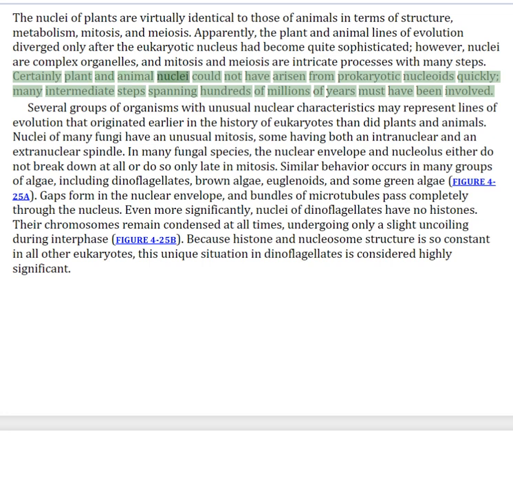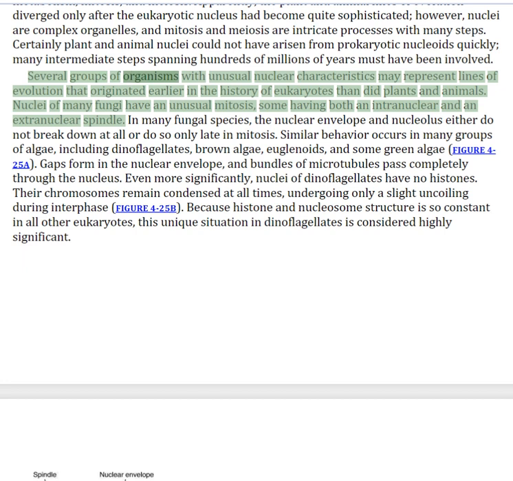Certainly plant and animal nuclei could not have arisen from prokaryotic nucleoids quickly. Many intermediate steps spanning hundreds of millions of years must have been involved. Several groups of organisms with unusual nuclear characteristics may represent lines of evolution that originated earlier in the history of eukaryotes than did plants and animals.